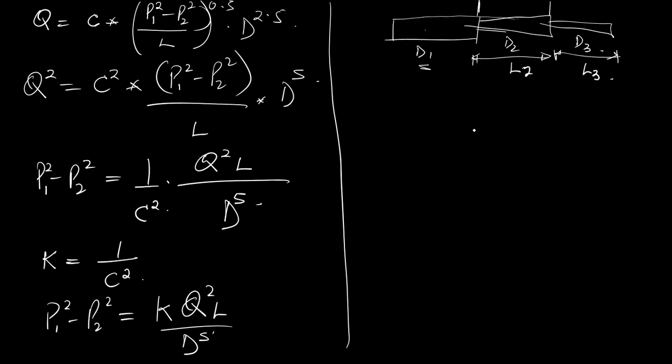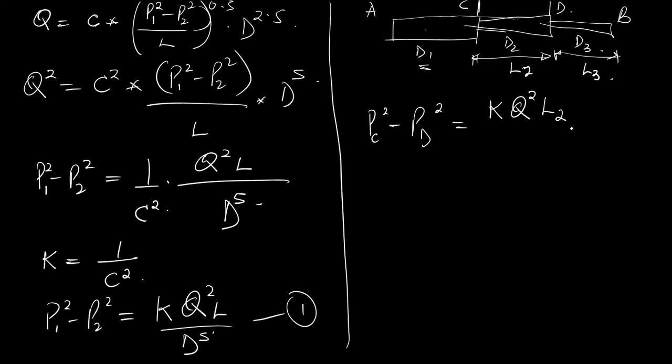Now, what I'm saying is, let's say here is A and here is B. Let's say here now is C, D. Now pressure PC square minus PD square will be equal to, based on this formula, let me call it equation 1, K Q square L2 divided by D2 raised to power 5.